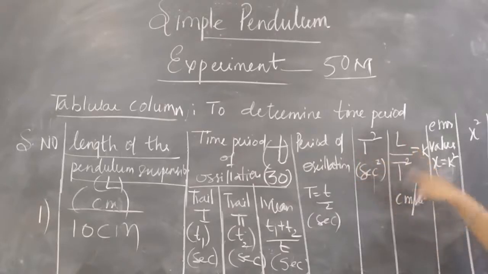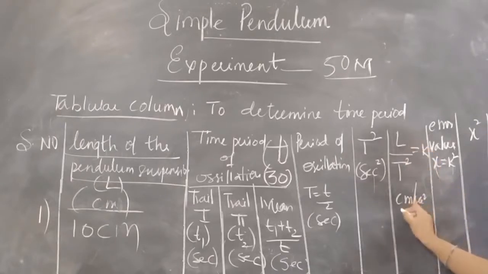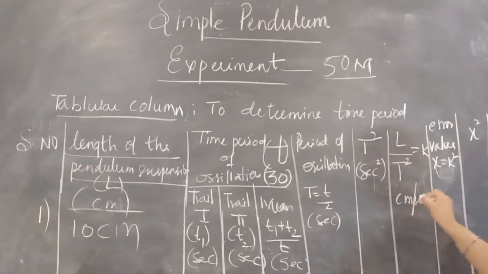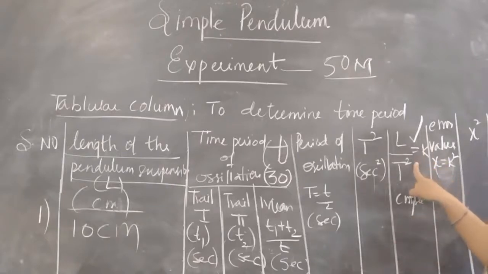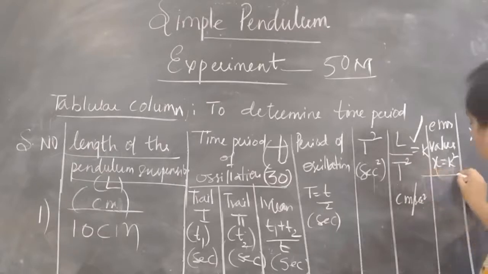You will get the K value. What is the unit? L is centimeter, T square is second square, so centimeter per second square is the unit for K. Next, if you square K, you get the value of X. Again you do X square.